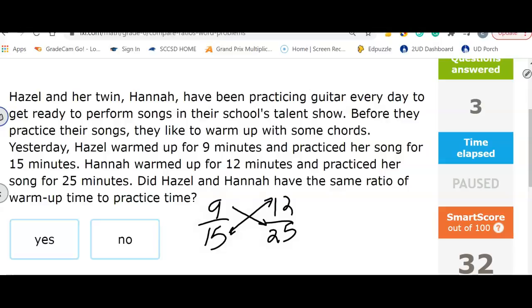All right. Some of your teachers might have taught you this. It is a trick to get to your answer. Does a trick prove anything? Okay, a trick does not prove anything. A lot of people will use this method to get your answer quickly. It does not prove that they are equivalent or not equivalent.